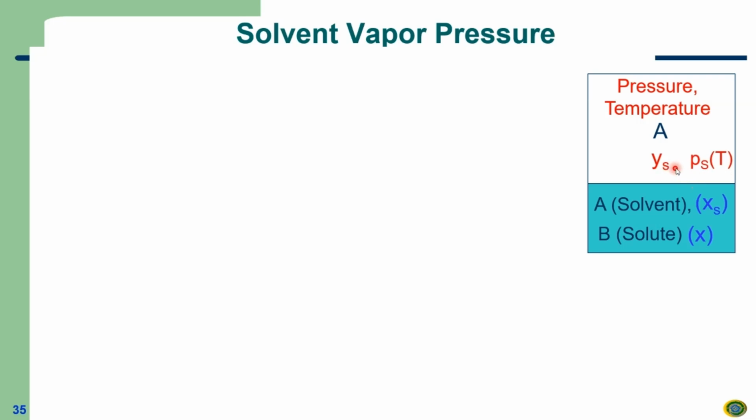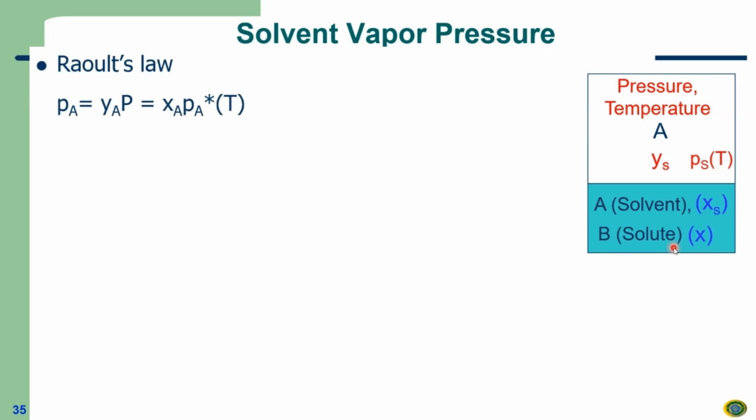So we want to know the molar fraction of water, and the partial pressure of the water in the gas phase. Here we use P sub S, where S stands for solvent. If there's no subscript, X is regarded as the solute.